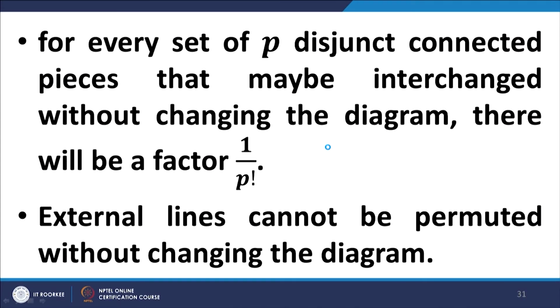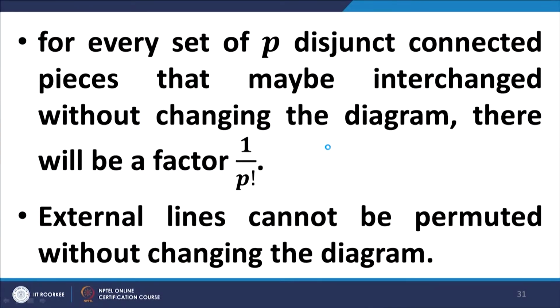And for every set of p disjoint connected pieces that can be interchanged without changing the diagram, you add a factor of p factorial to the diagram. External lines cannot be permuted without changing the diagram, that is a condition.